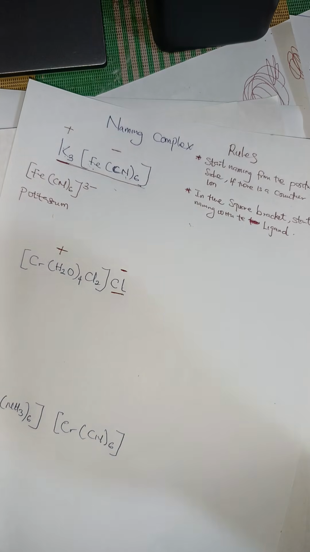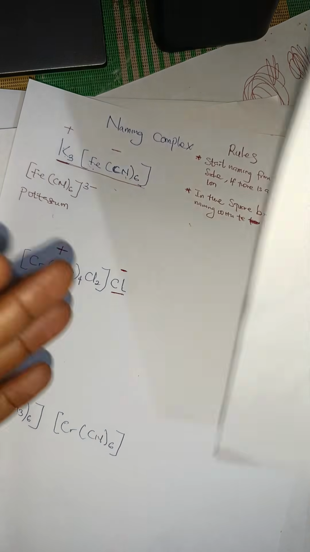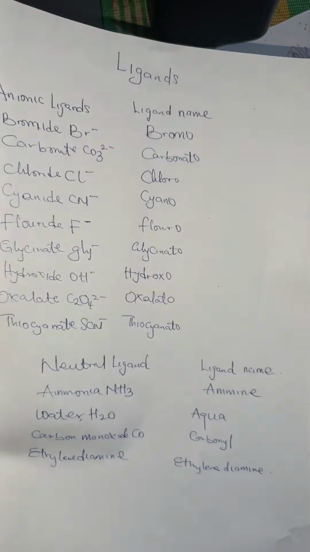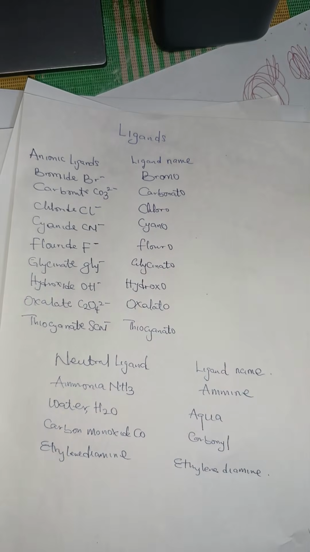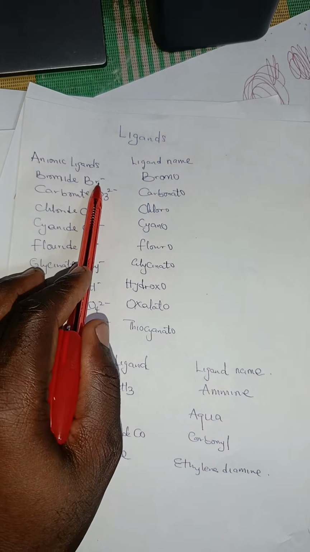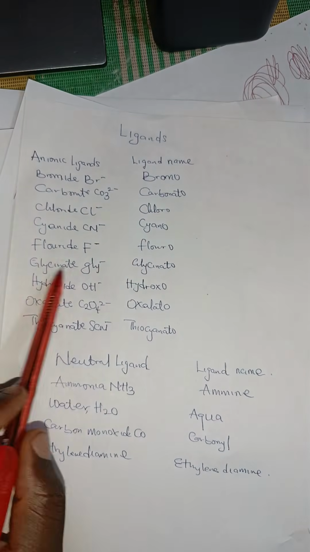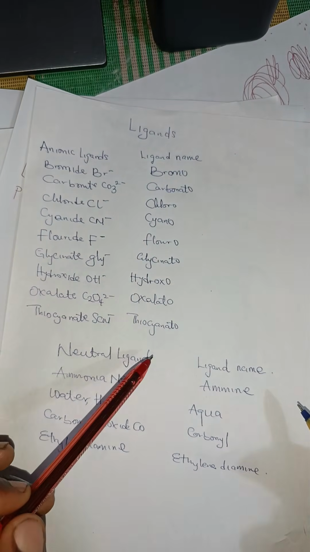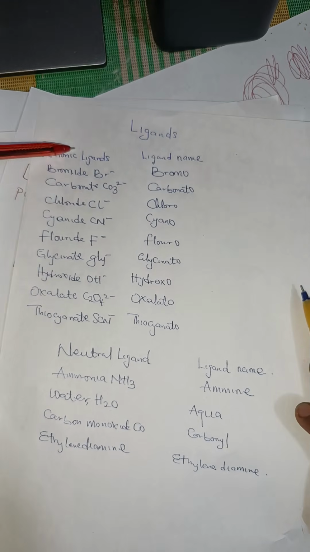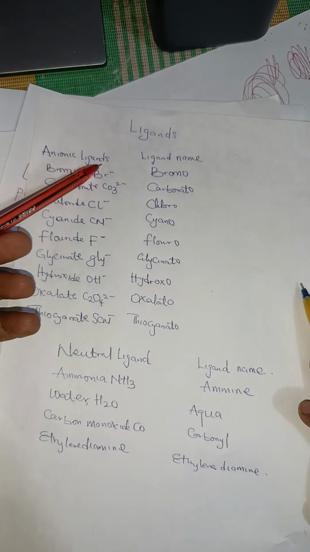We have chloro, cyano, OH minus is hydroxo, Br minus is bromo, and oxalate becomes oxalato too. So these are examples of them. You can note them: bromide is a negative ligand, bromo, chloro, cyano, fluoro. Everything is ending with O because they are all negative anionic ligands.